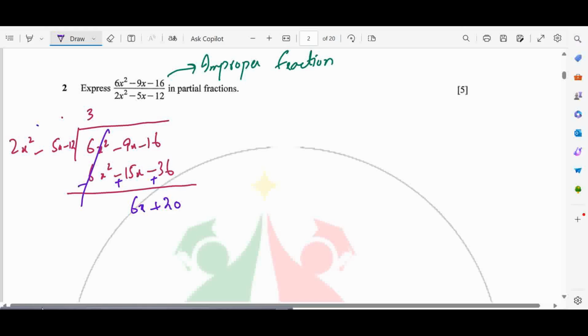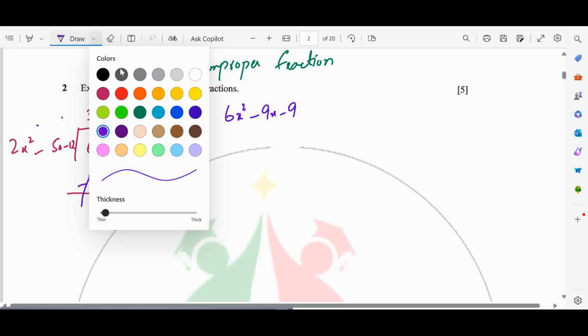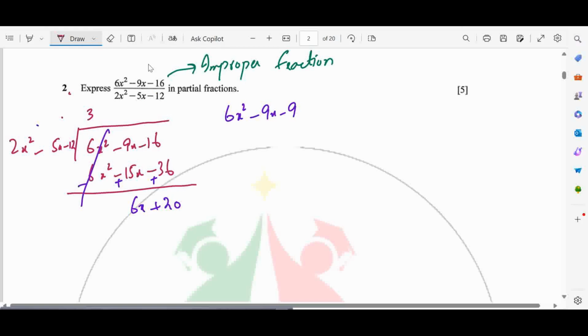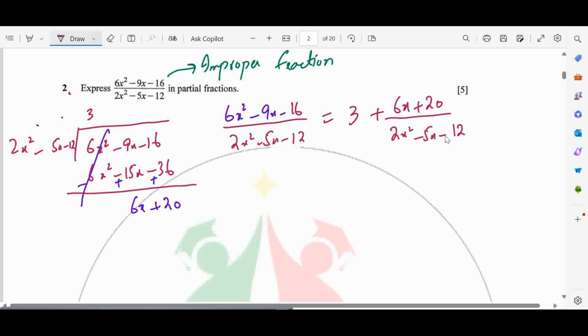6x plus 20. So we can write this one as (6x squared minus 9x minus 9x minus 16) whole divided by 2x squared minus 5x minus 12 is equal to 3 plus (6x plus 20) divided by 2x squared minus 5x minus 12.